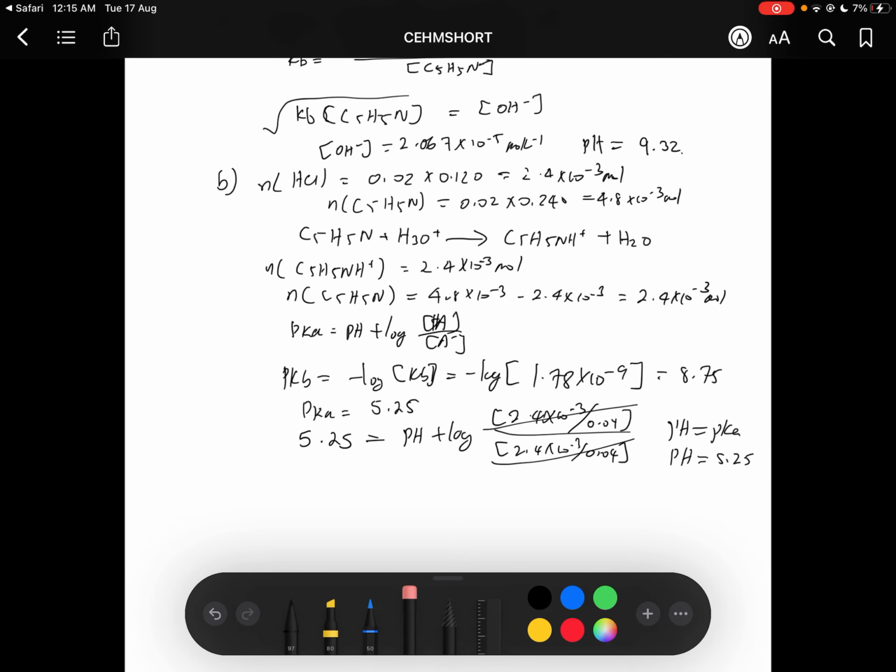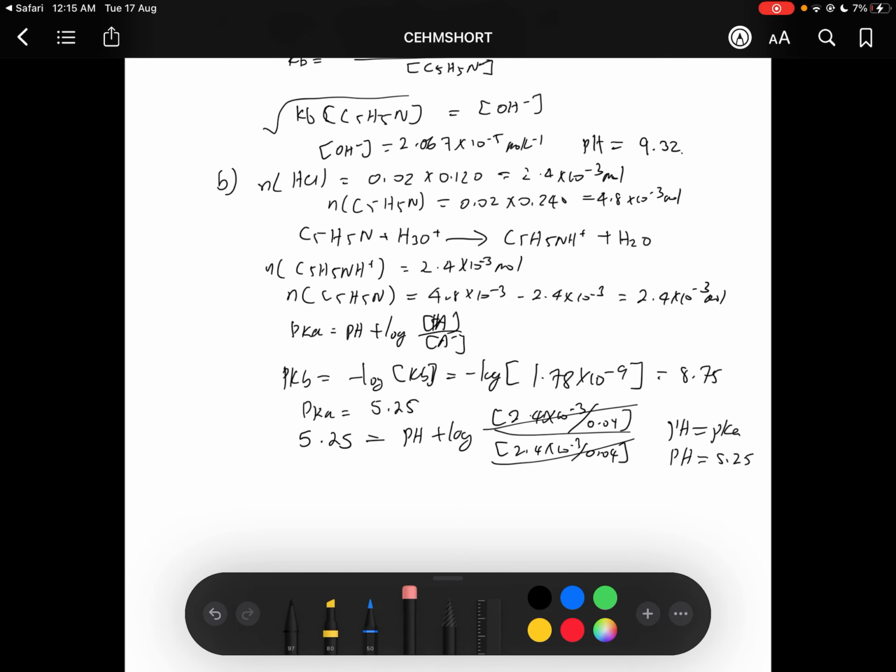So therefore we need to add 40 milliliters of HCl. Therefore the total volume is 60 milliliters. Since the total volume is 60 milliliters, we can find the C5H5NH+ concentration, since we know the amount is 4.8 times 10 to the power negative 3, and that is divided by 0.06.